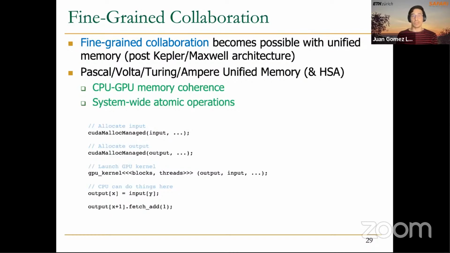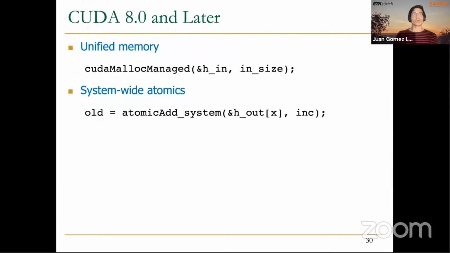It's definitely a really convenient way of implementing codes that exploit the fine-grained collaboration and fine-grained heterogeneity that we can have in many workloads. So in CUDA, the key APIs that we have to use are cudaMallocManaged to allocate the space in the unified memory, and also the system-wide atomics.